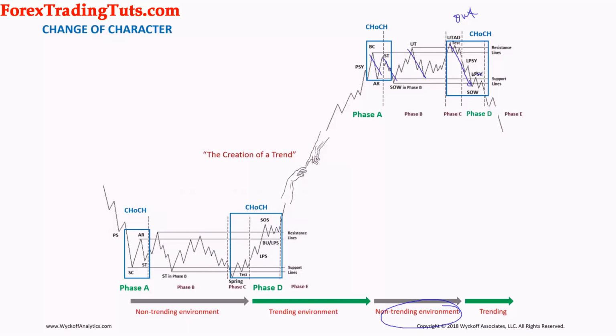And then after that, it's going to be confirmed by an attempt to rally that is going to be the worst that we've seen in this distribution formation. And therefore, we are confirming a change of behavior and a change of character before the actual move to the downside. One last thought here on this slide.